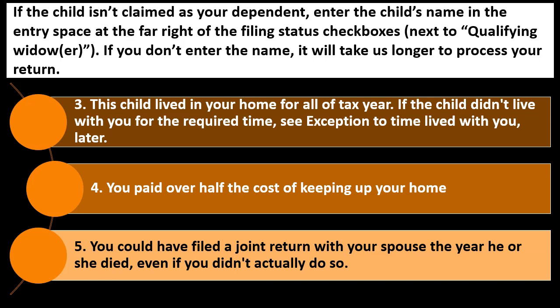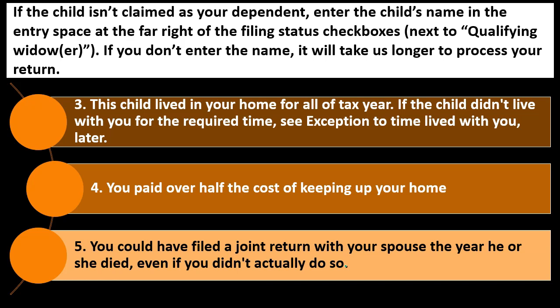You could have filed a joint return with your spouse the year he or she died, even if you didn't actually do so. So typically, if there was a death of the spouse, in the year that they died, usually you would file the married return, married filing joint, because that would typically be the general rule.